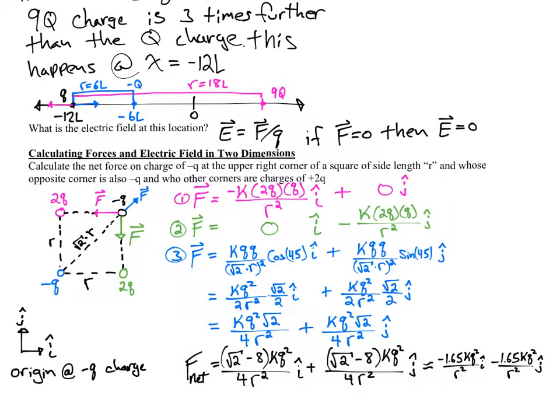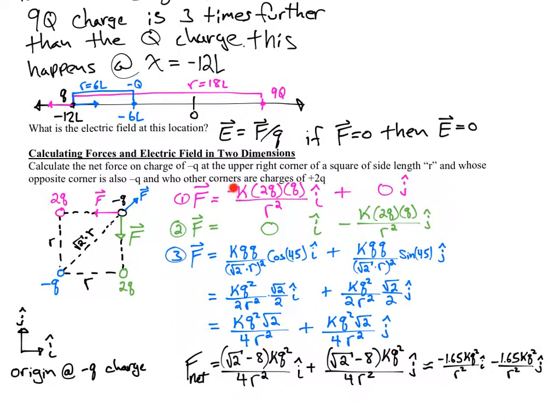So now I need to add all 3 of these forces together. You notice my coordinate system defined down here. I said the origin is at the negative q charge, so that's 0, 0 right there, although it wouldn't really matter exactly where 0, 0 was for this problem. When we add these together, since we have a denominator of 4, I'm going to need to multiply this vector by 4 over 4.